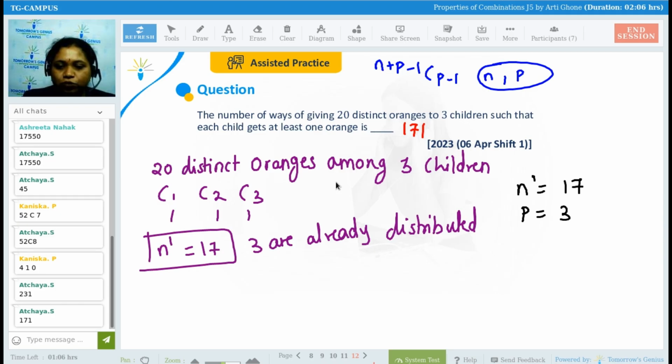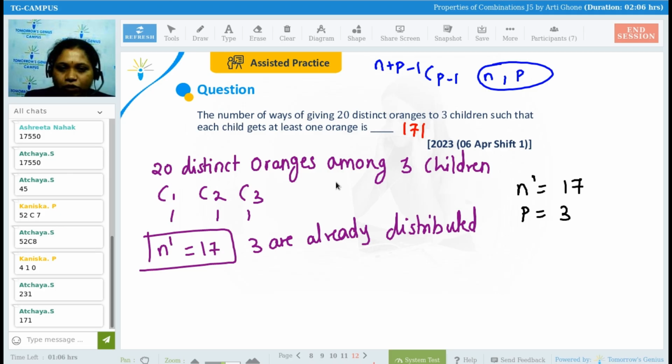Now pay attention. Everything is done. Now I'm going to tell you the important thing. The bonus score was given for this question in the last examination, JEE 2023.